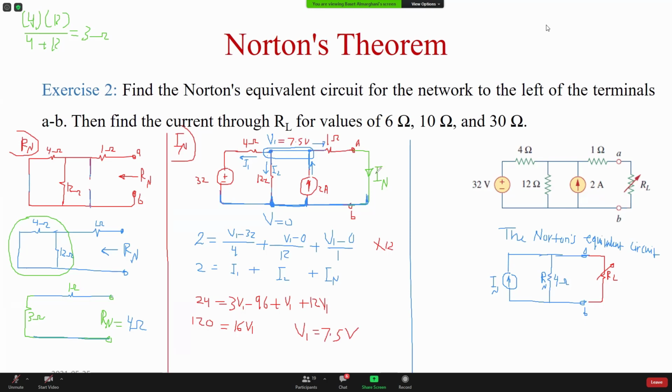I want the current IN. IN is the current in the 1 ohm resistance, this current, which is basically (V1 minus 0) divided by the 1 ohm resistance. So equals 7.5 ampere. So this is 7.5 ampere.